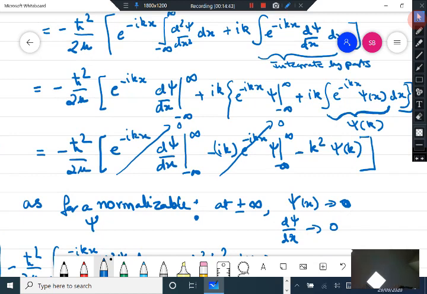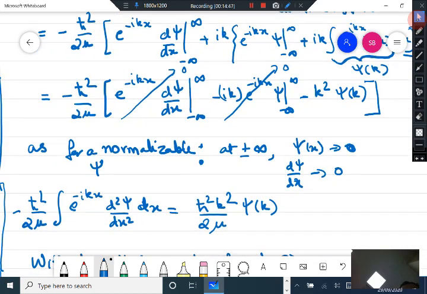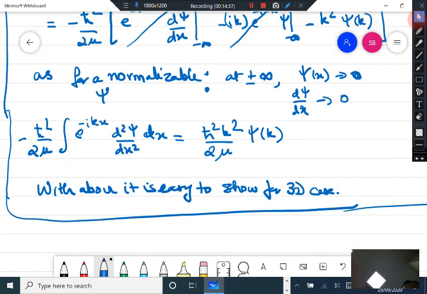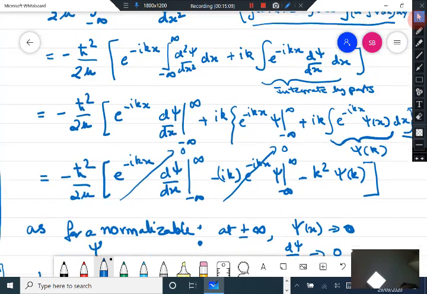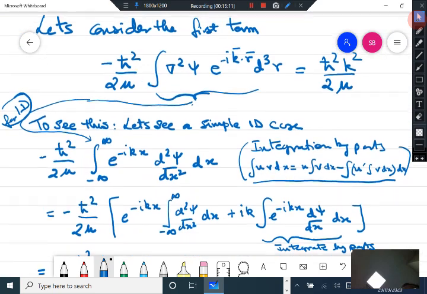So these first two terms go to 0, and the Fourier transform of e raised to ikx ∇²ψ becomes ħ²k² by 2μ ψ(k). So that is the first term. Once you do it for 1D, you can easily generalize it for the x, y, z coordinates with kx, ky and kz, and you can show this expression very easily following the same procedure for the 3D case.